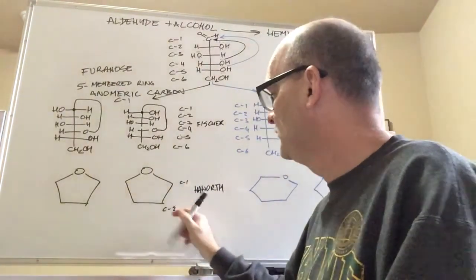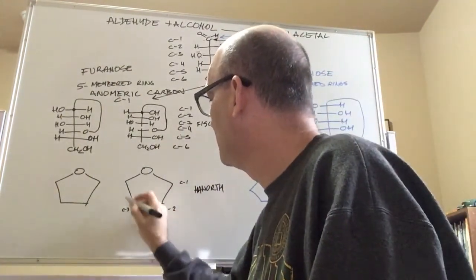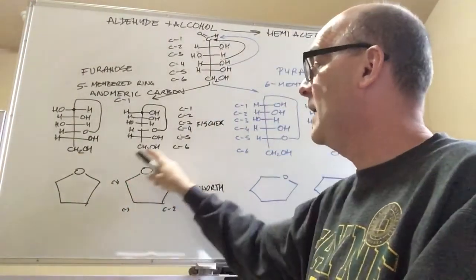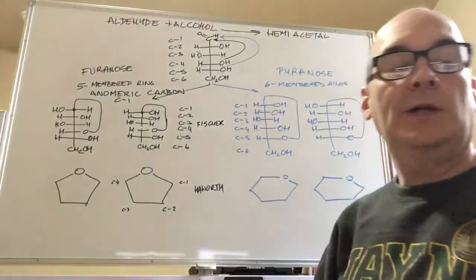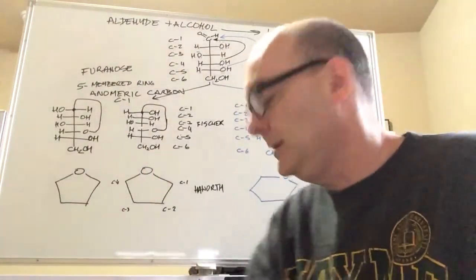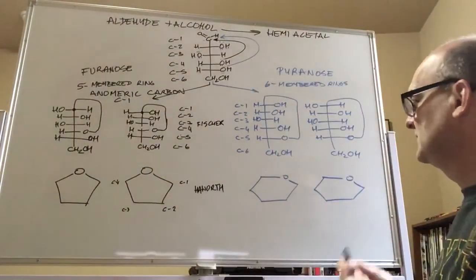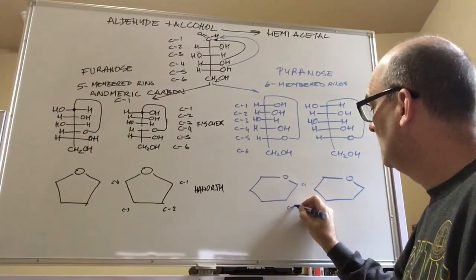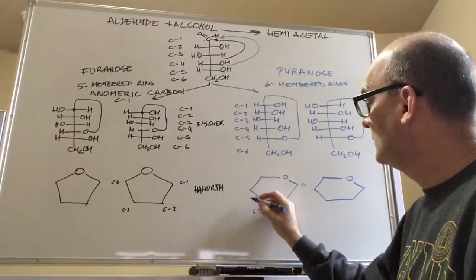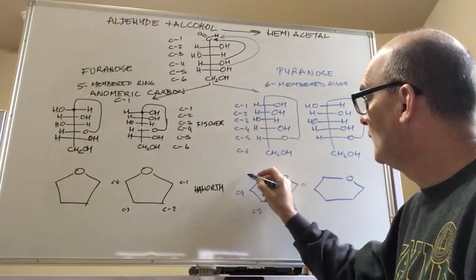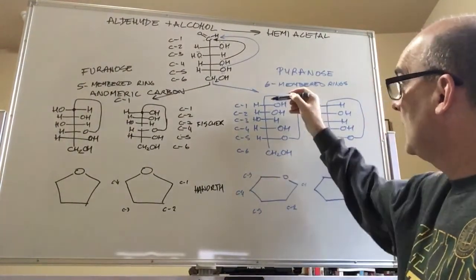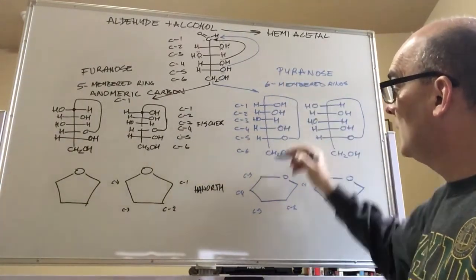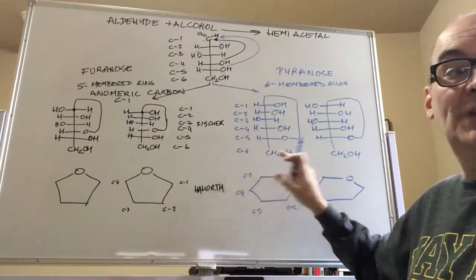So 1, 2, 3, and 4. I'm going to go around the ring clockwise. Similarly, when we do the 6-membered ring, it's going to be 1, 2, 3, 4, and 5. 1, 2, 3, 4, and 5 are in the ring. C6 is not in the ring.